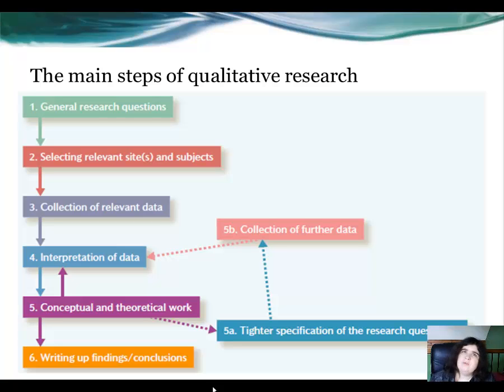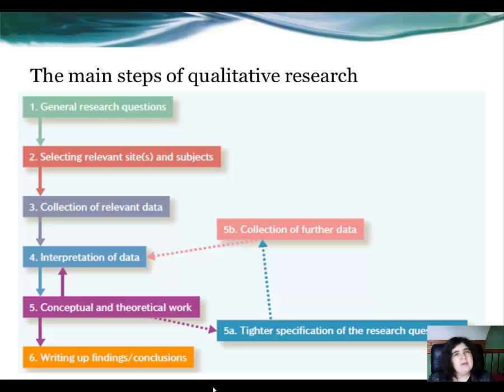Then you immerse yourself, or you gather the documents and observe and interact with those documents. Then there is the interpretation of the data. And remember, this is where it can be quite subjective. You then develop concepts and the theory as a result of the data collected and analysed.